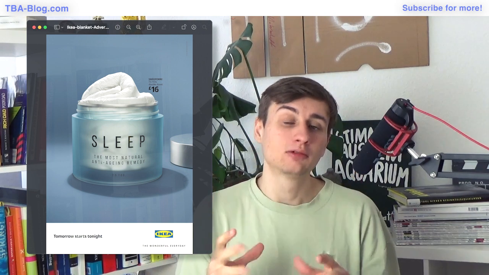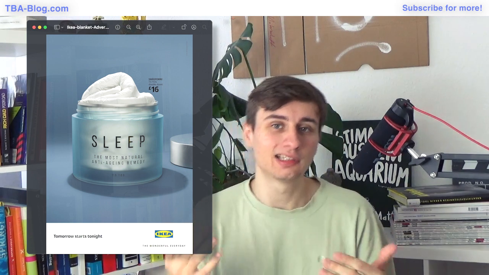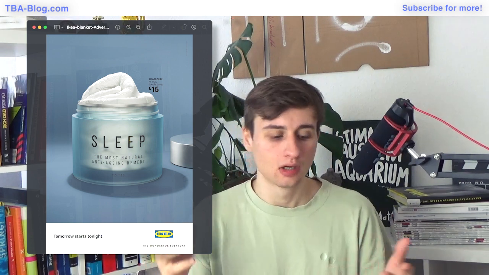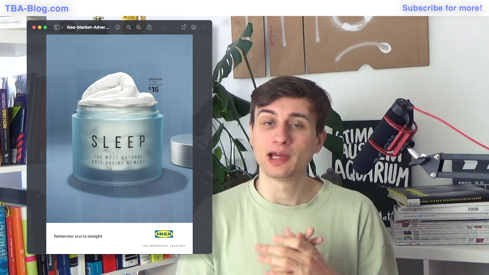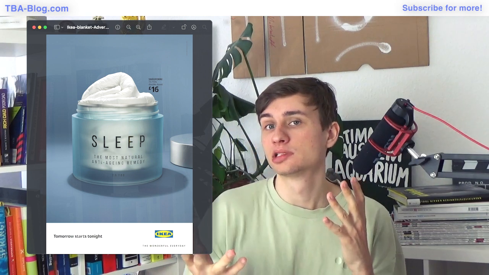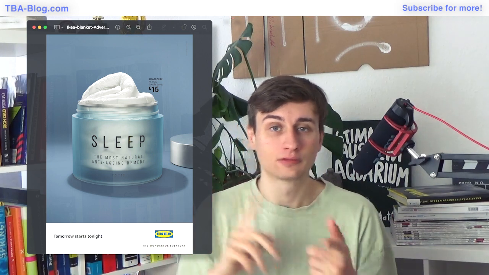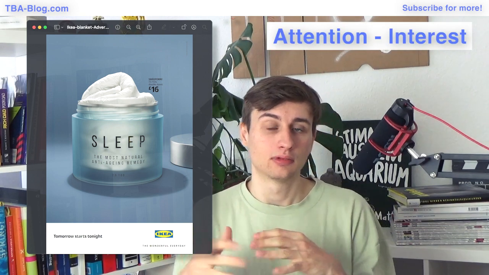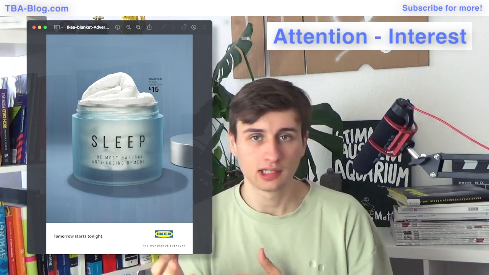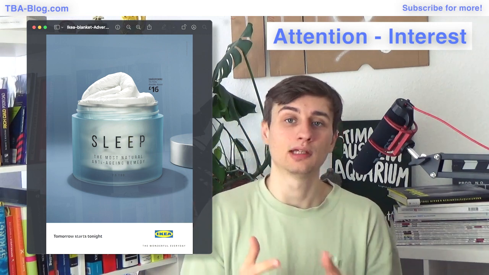So we are playing with the creative operator of replacement. So we are replacing the inside of the object with a blanket, and with the creative pattern of form similarity. So we are playing with the similarity of cream and a blanket. When we jump to the AIDA concept, we have a very attention-grabbing image.